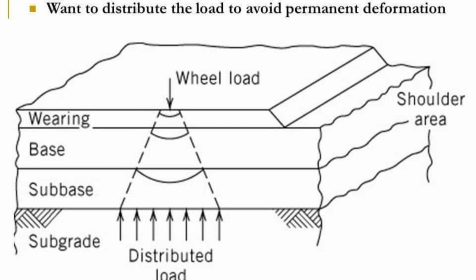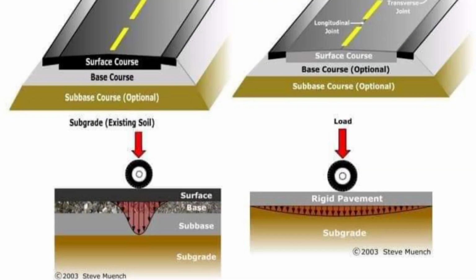This whole story is actually associated with the flexible pavement. In flexible pavement, the load acts on a smaller contact area and is distributed towards the subgrade. Here we have a simple comparison between flexible pavement and the rigid pavement.